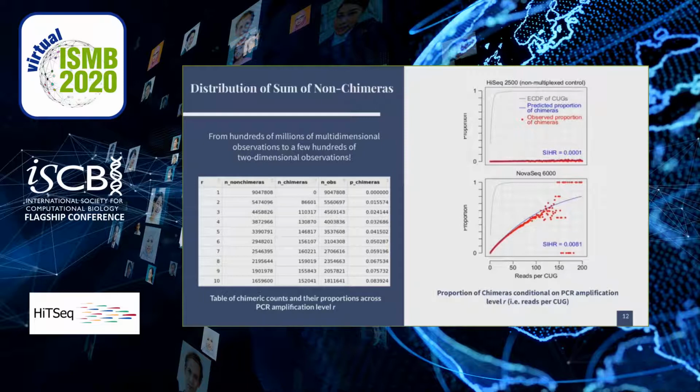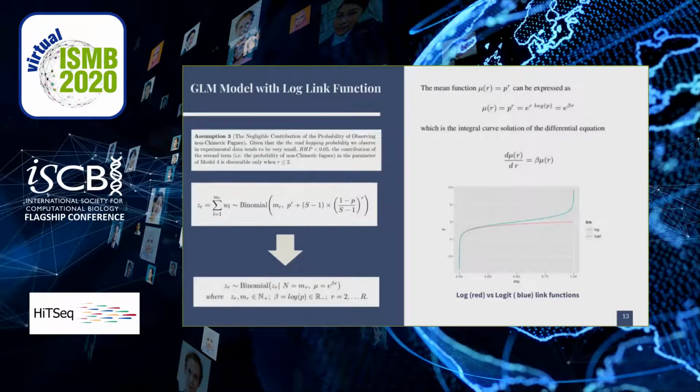As we see here in the top plot, the trend for non-multiplex data is flat, whereas the trend of the proportion of chimeras for multiplex data increases as a function of reads per CUG, and by fitting the model to the data, we can determine the index hopping rate.